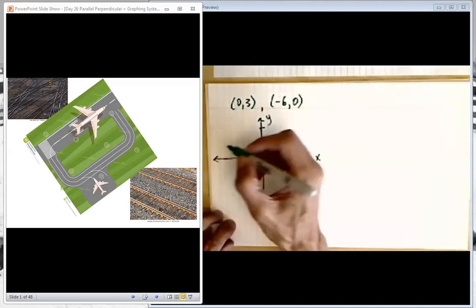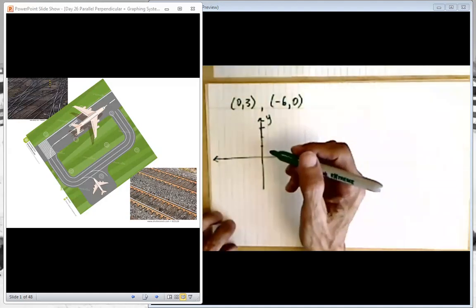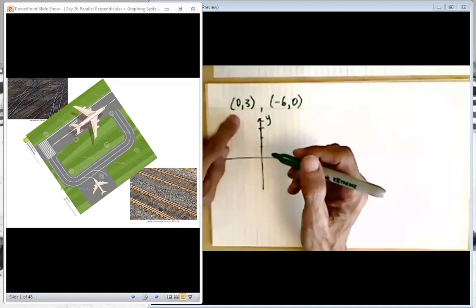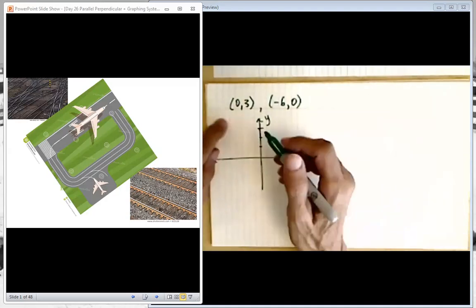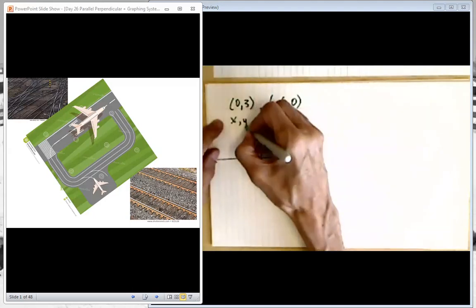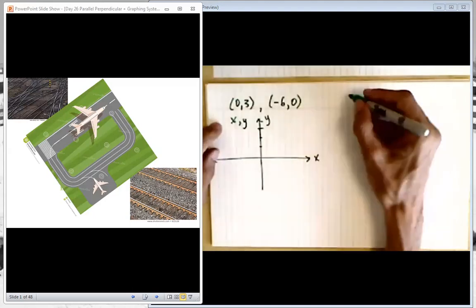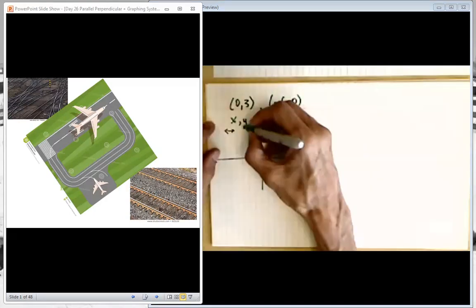No, in X, like right 3. Watch this. The X is always first and the Y is always second. So the X is going left or right. Y is going up and down.